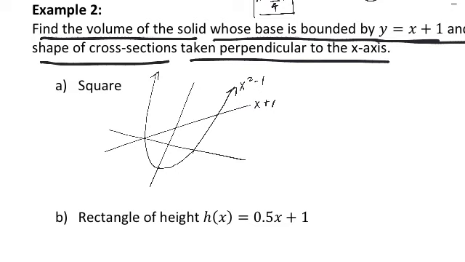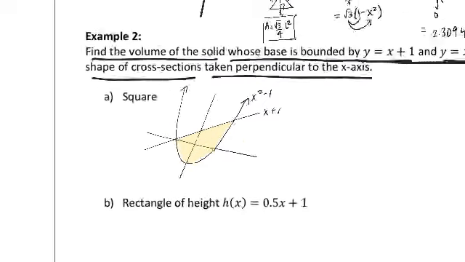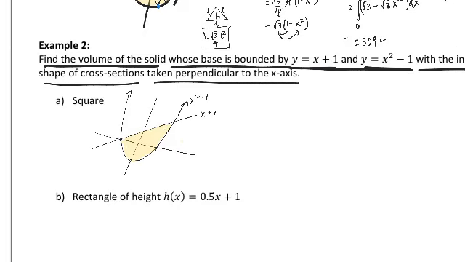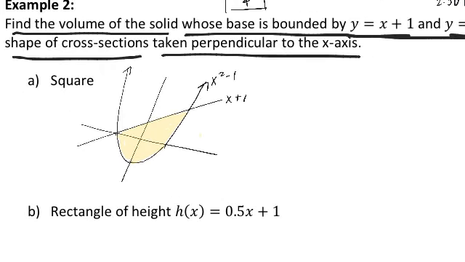So the base is the region bounded by these two graphs. Very often, the first part of the question will be find the area of this region. In this problem, though, they jump straight to the volume question, and we're told that we have cross sections, again, perpendicular to the x-axis, so they're lying like that.